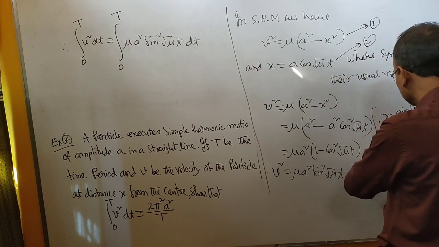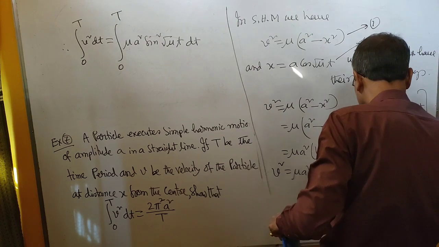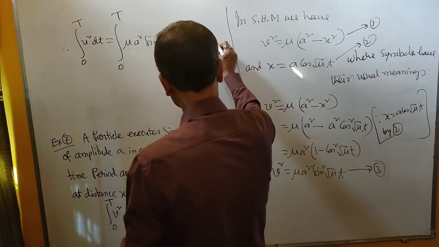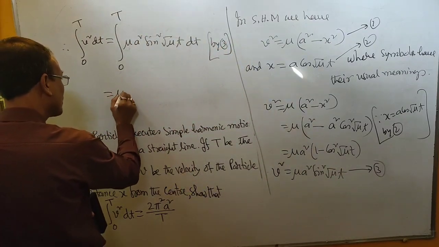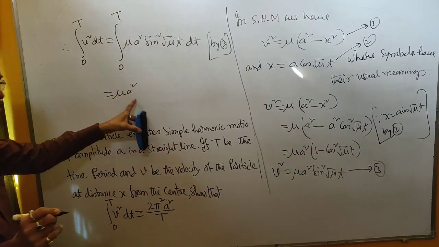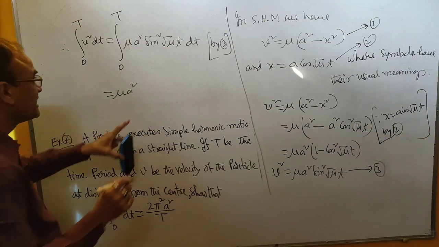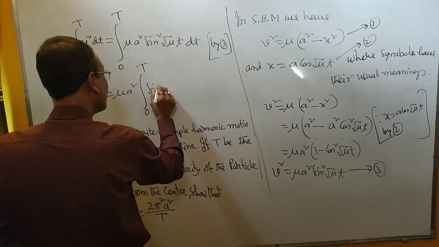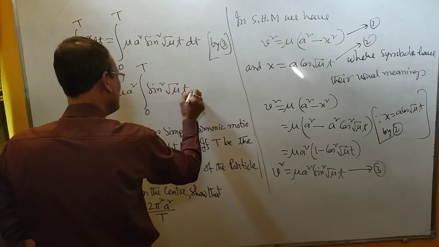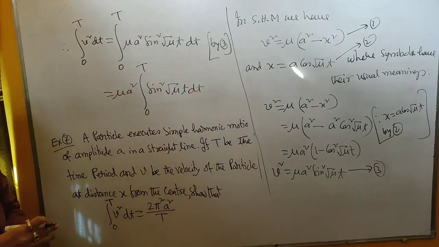Mu and a are constants: mu is the intensity of force, a is the amplitude of motion.